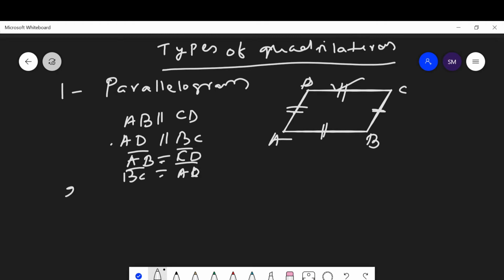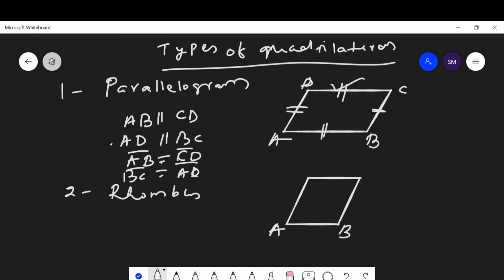Next, let us think about the rhombus. What is a rhombus? A rhombus is also a parallelogram whose all four sides have the same measure. Suppose ABCD is a rhombus.